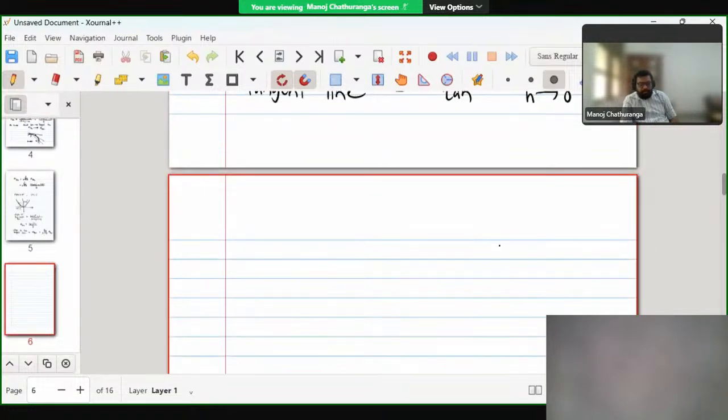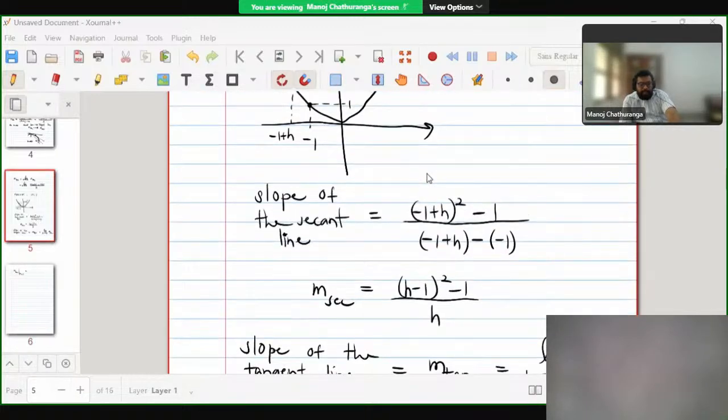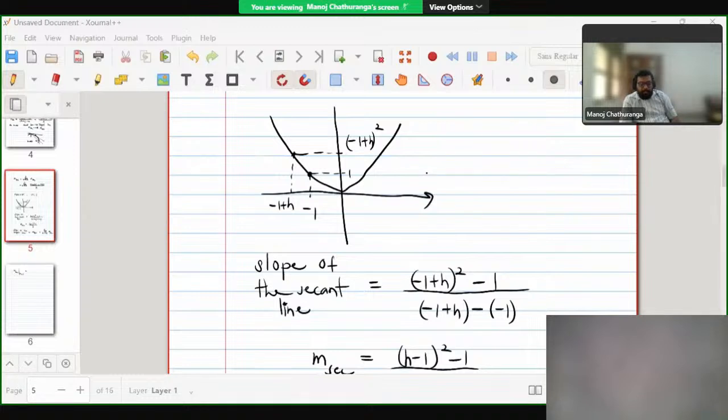So at the point (-1, 1), here is the current x value, and we took a neighboring point.